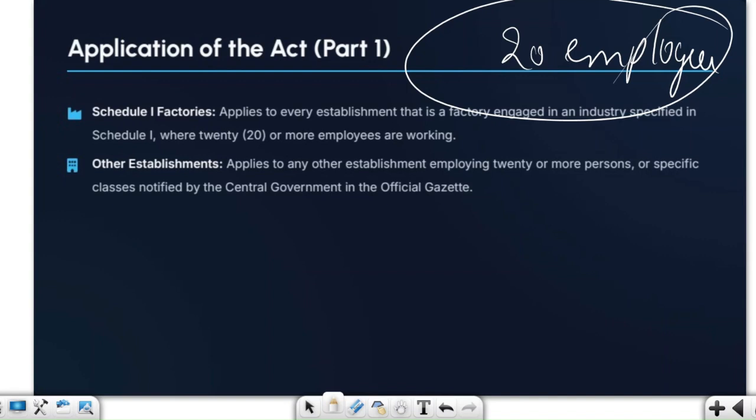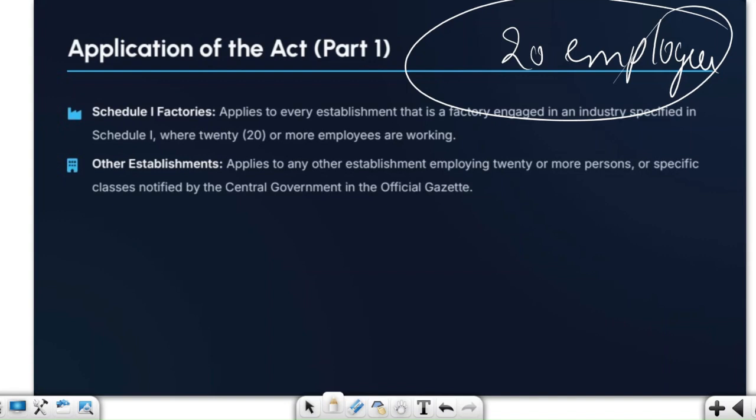But a factory with 15 employees where basically the 20 employees threshold is not yet met, the central government may say that okay, the act will be applicable on this factory also, because an establishment having fewer than 20 employees, through notification after the prescribed notice, has to come under this particular act. So 20 is the normal threshold but not an absolute barrier.